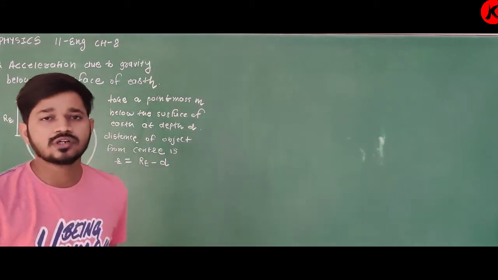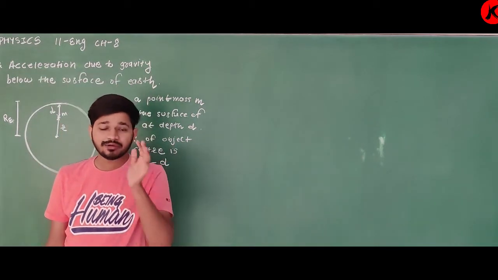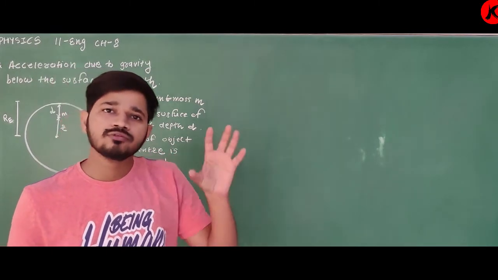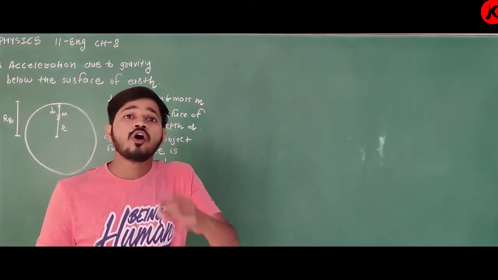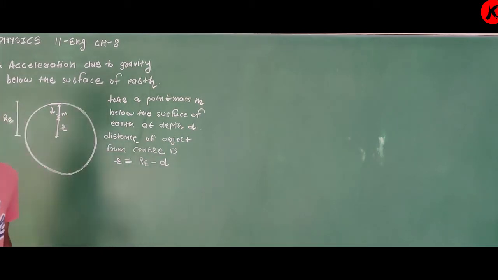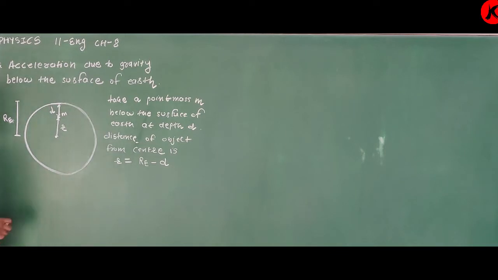Now see, in the last theory there was acceleration due to gravity outside. So the object was outside of the whole Earth or of all spherical shells that we assumed. But in this case the object is inside Earth. So what happens here? We have to assume this whole Earth is made up of two parts. Which two parts?